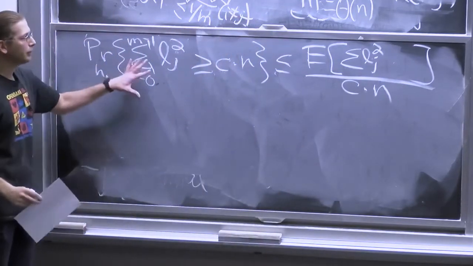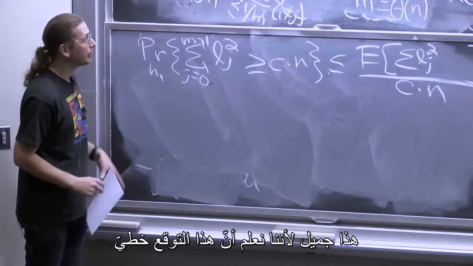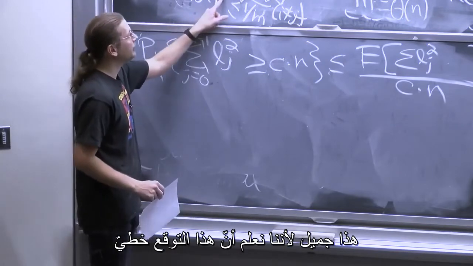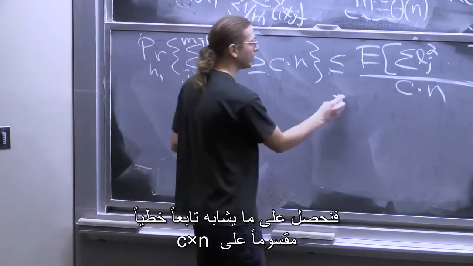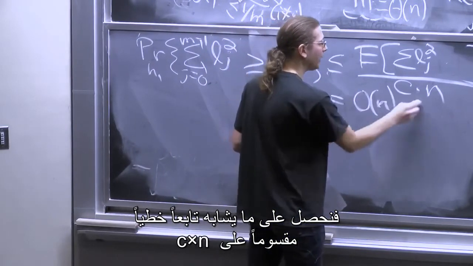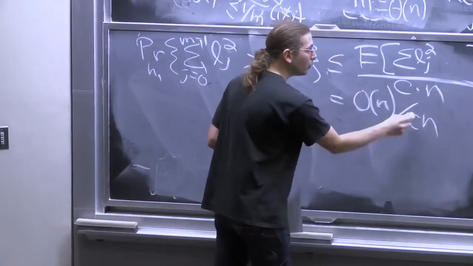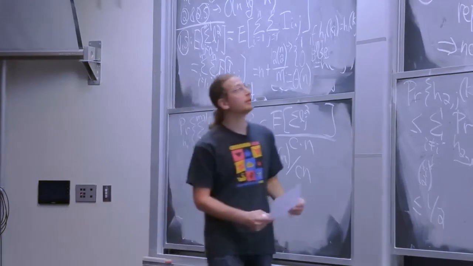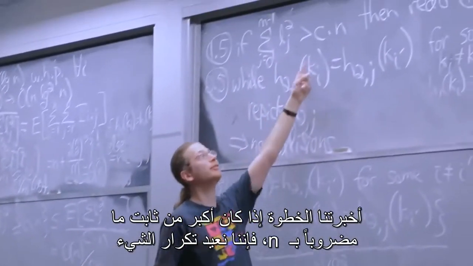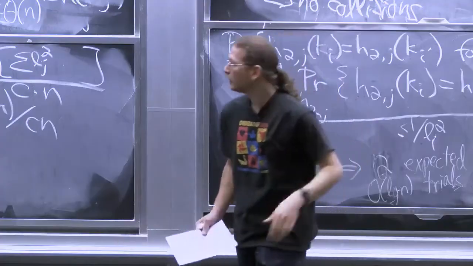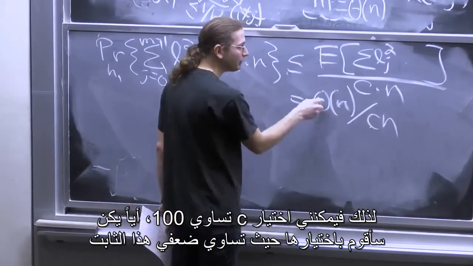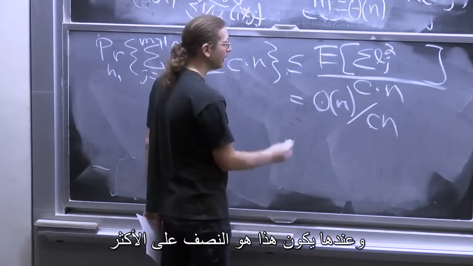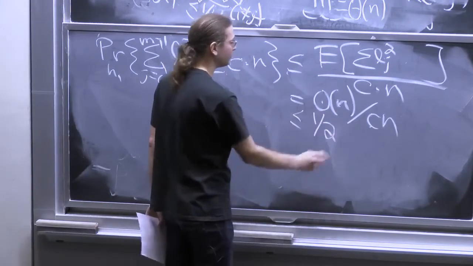This is nice because we know that this expectation is linear. So we're getting a linear function divided by Cn. Remember, we get to choose C. The step said if it's bigger than some constant times n, then we redo the thing. So I can choose C to be 100, or whatever. I'm going to choose it to be twice this constant. And then this is at most half.